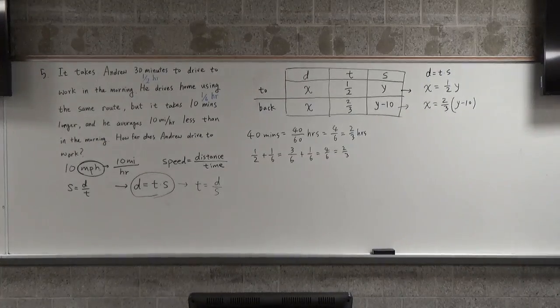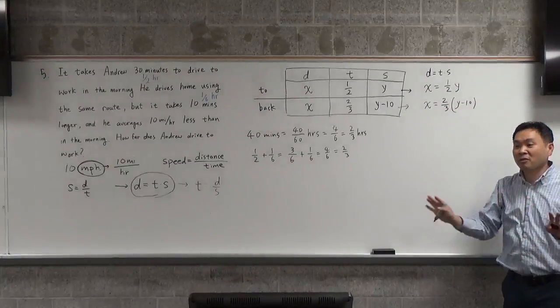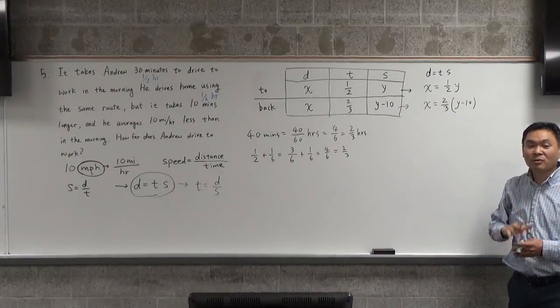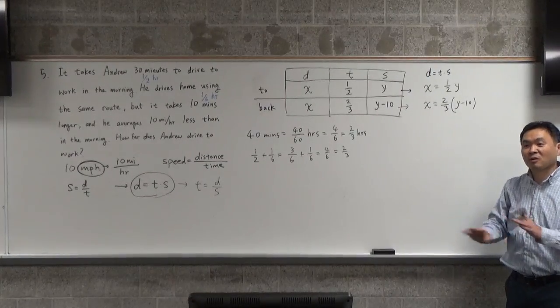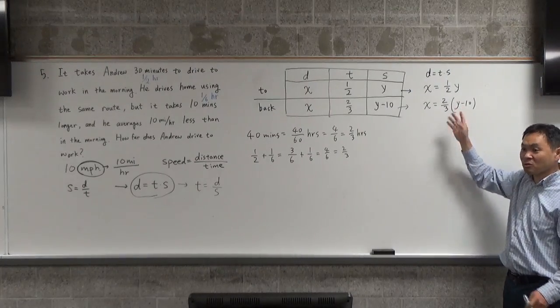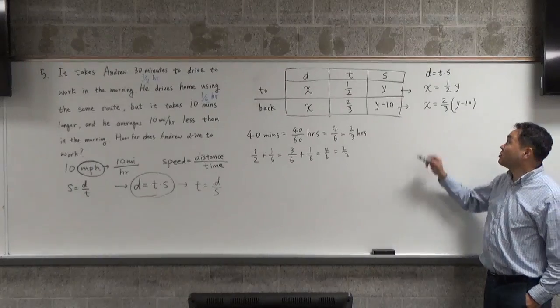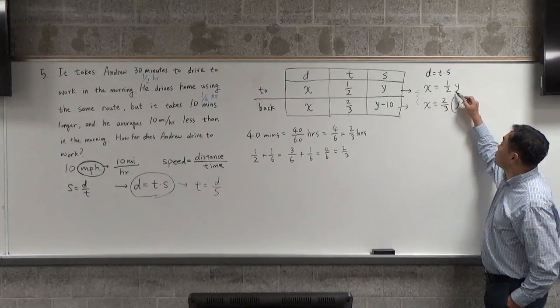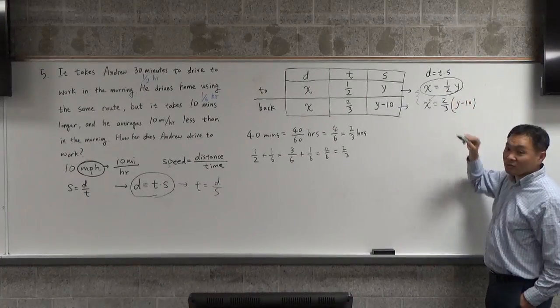All right, so we have a system of equations. We have two equations and two unknowns. Perfect, that means you can solve it, okay? If you have two equations and three unknowns, then something's not right. You have to find an extra equation, right? But two equations with two unknowns, that means we can solve it. How do you solve a system of equations? All you have to do is just take one and plug it into the next, right?